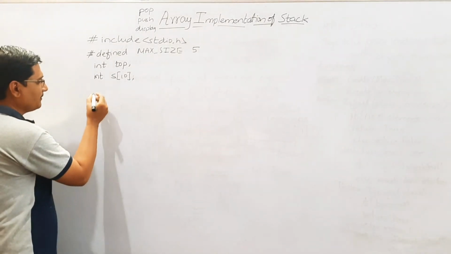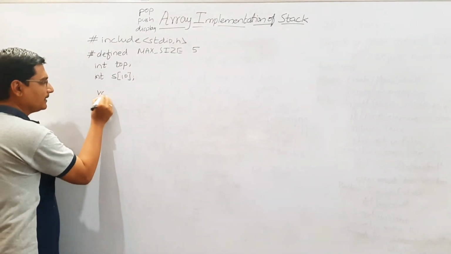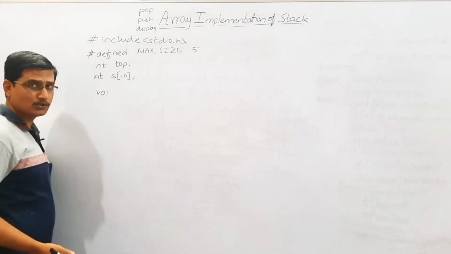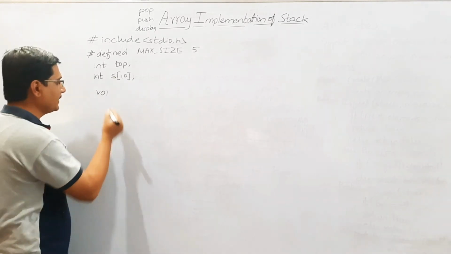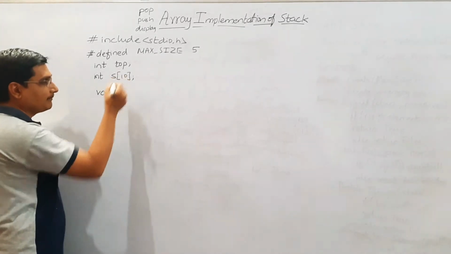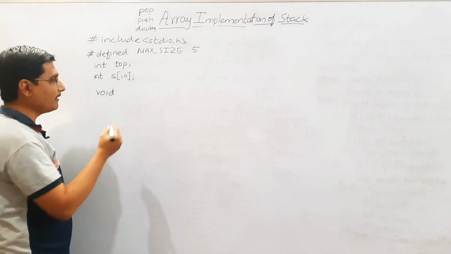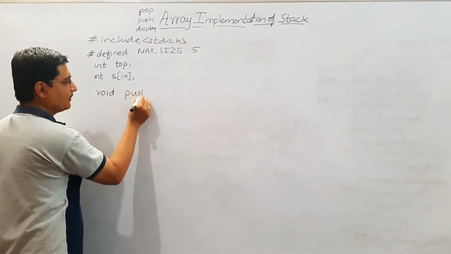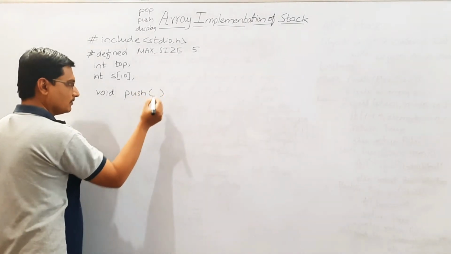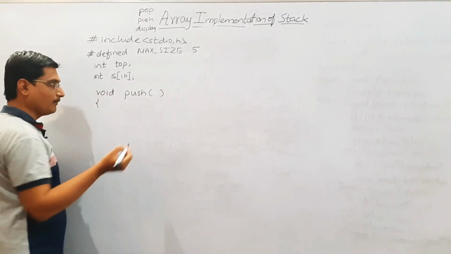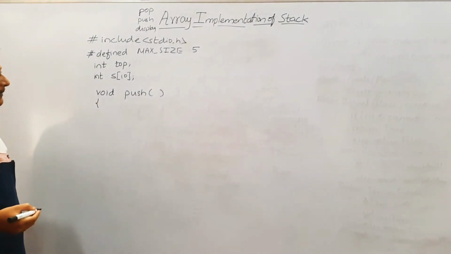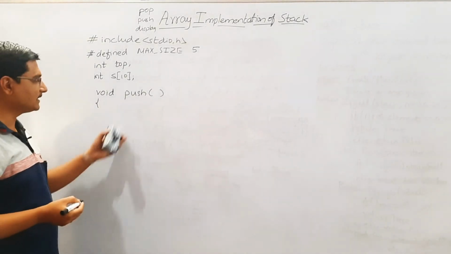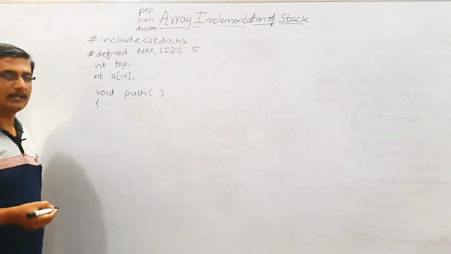Let me try to implement the push operation. You can convert this to a character operation later if you want. I am implementing it for an array of integers. You can also pass the parameters if you want. Otherwise, let it be like this, without passing the parameters for global variables.